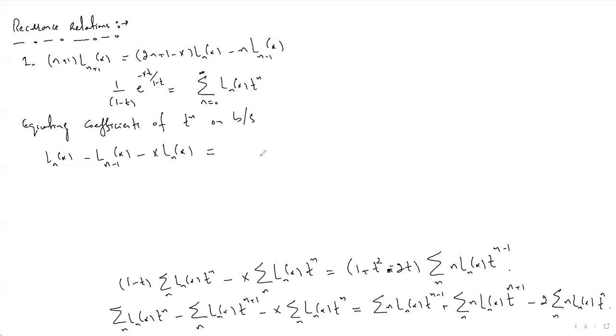Here see, so this is n minus 1, so I will make n equal to n plus 1. So I will write down this as n plus 1 ln plus 1 of x. Okay, it is n plus 1, so I will make n equal to n minus 1, n minus 1 ln minus 1 of x. Okay, minus 2n ln of x.